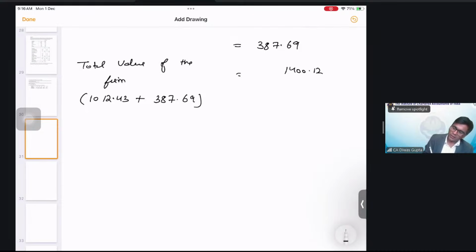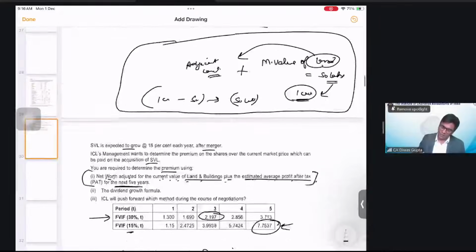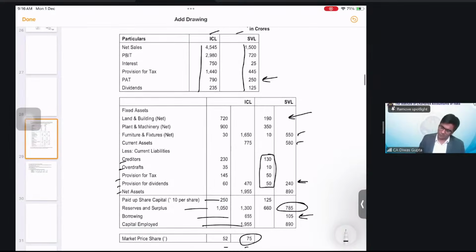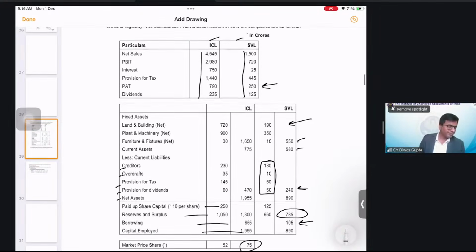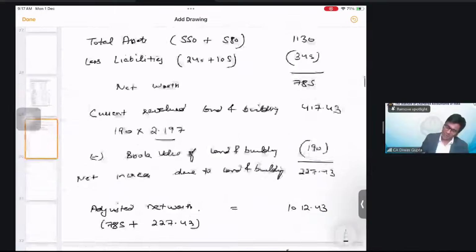So the total market value will be 12.5 multiplied by 75, right? So how have we arrived at this? 12.5 is their number of shares and 75 is their market price per share.